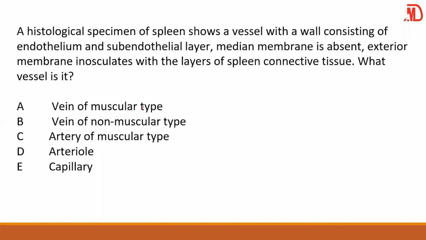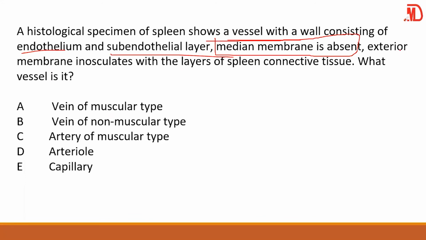Okay, they've brought this question again. Histological specimen of a spleen. But see, they've put it in a different way. Look at the question. Histological specimen of a spleen shows a vessel. So again, a vessel has come in with a wall consisting of endothelium, subendothelial layer. Look at this. The median membrane is absent. If it is absent, what are you going to think about? And look again.